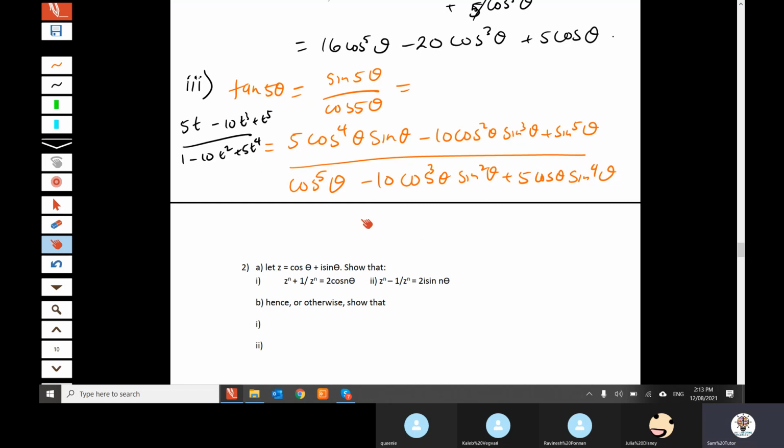Did you pick it up yet? Not really. Right here, cos to the power 5. It was a 1, it becomes a 1. What does that mean? You're dividing it by cos to the power 5. Let's see, if you divide everything by cos to the 5, what happens?